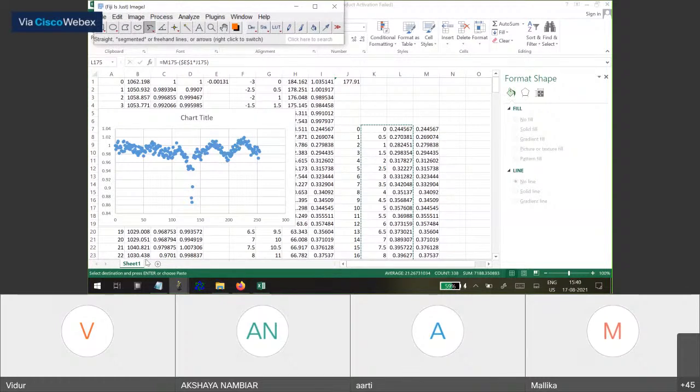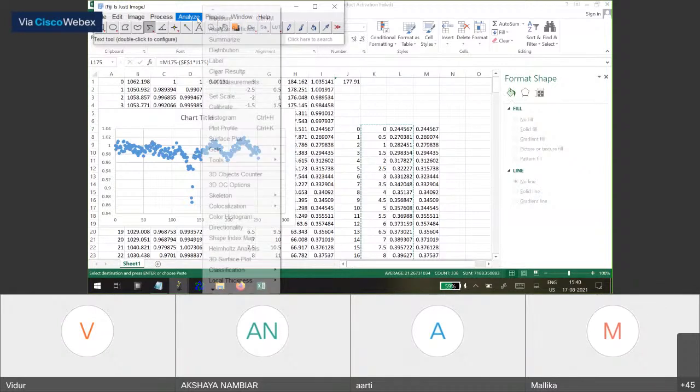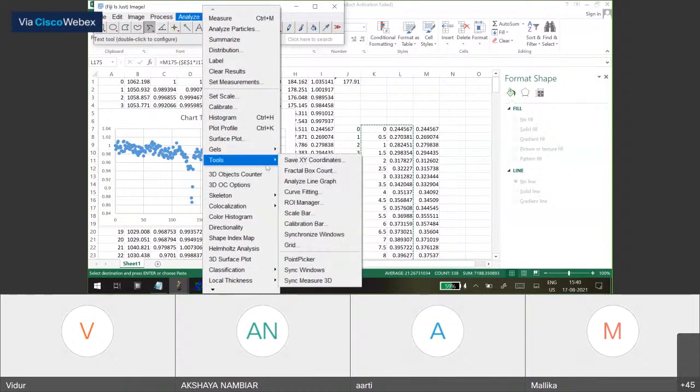I'll continue. So when you go back to Fiji or ImageJ, you have to go to Analyze, Tools, and then press this curve fitting bar. Everyone just follow the steps: Analyze, Tools, curve fitting.